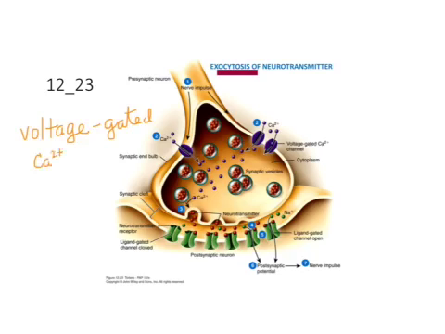Now obviously they're going to open in response to voltage, so as the action potential is traveling down, you'd have depolarization in this little piece of the membrane here, and that would cause that channel to open up.